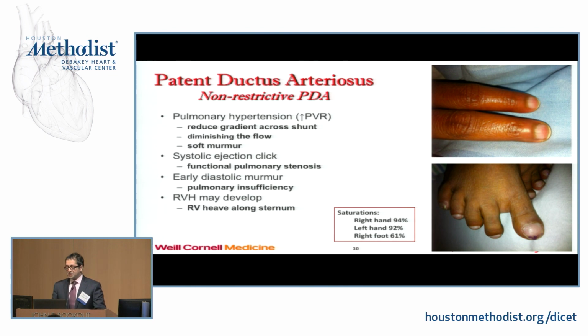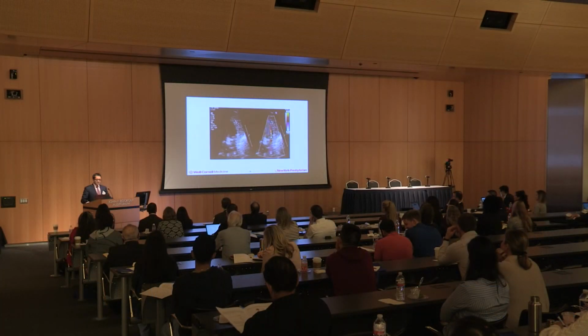And then what you see, such as in this picture, is this pathognomonic finding of differential cyanosis, where you have normal sats and lack of cyanosis in your fingers, but you get clubbing and cyanosis in your toes. Which is why in any patient where you're suspecting a PDA, you want to check sats on both their feet and their hands and examine both their feet and their hands carefully.